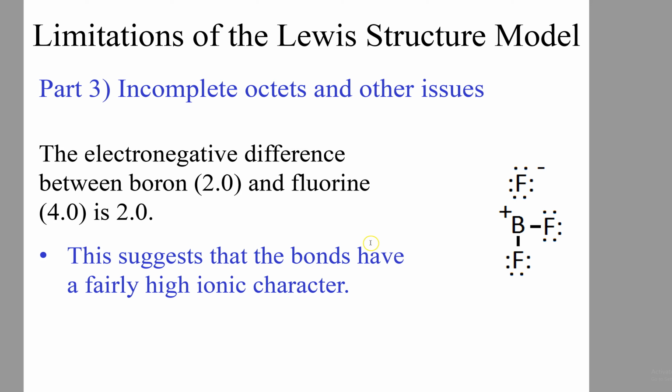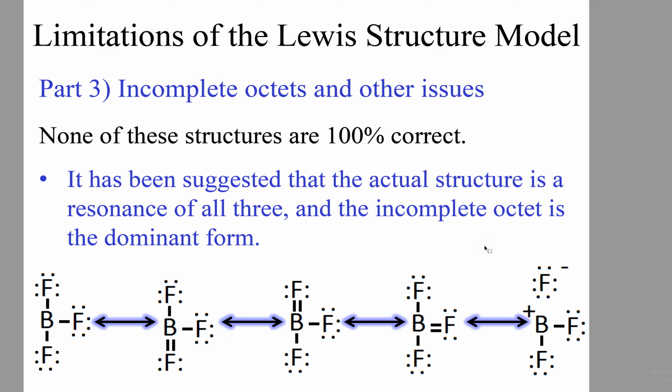All right, another situation with these, and again, make sure you're aware of this, is the electronegativity difference between boron and fluorine. You're talking about a 2 and a 4, and this basically means that this has a fairly ionic character, and because of that difference, you may potentially have those electrons not being shared.